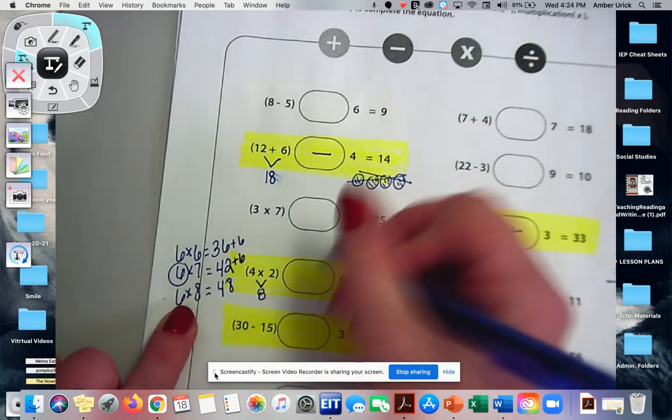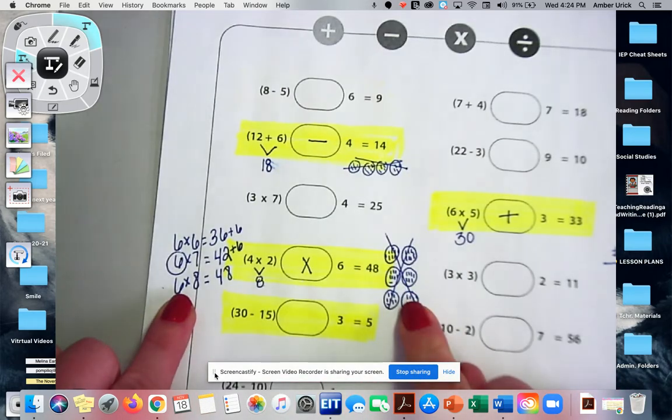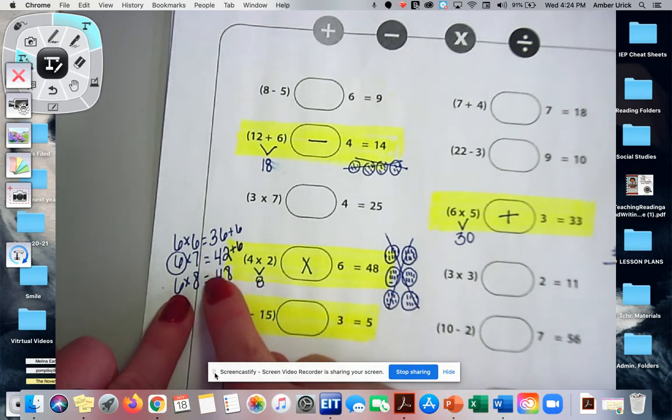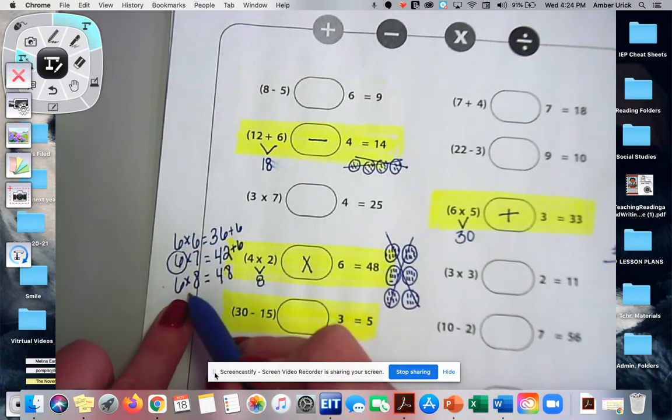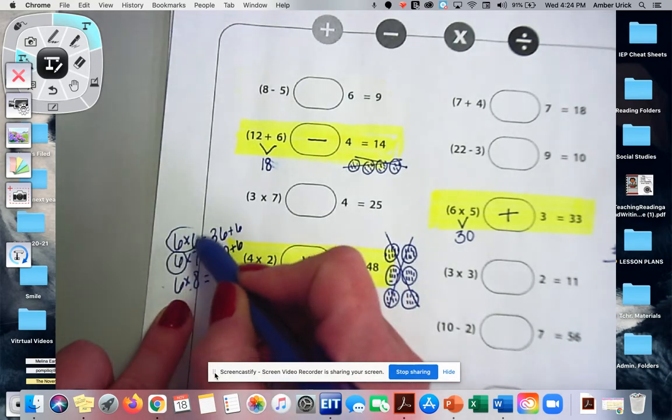I multiplied. So even though this didn't work out for me, or maybe it would have, but maybe I made a mistake, right? I was able to find another strategy to help myself. I didn't know 6 times 8 off by heart, but I did know 6 times 6.